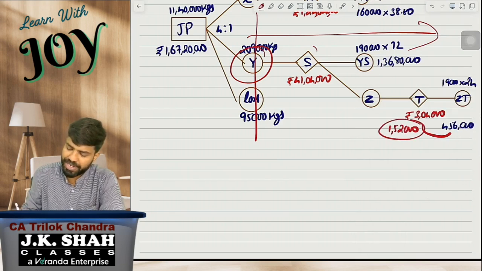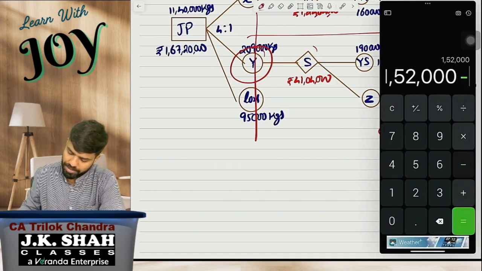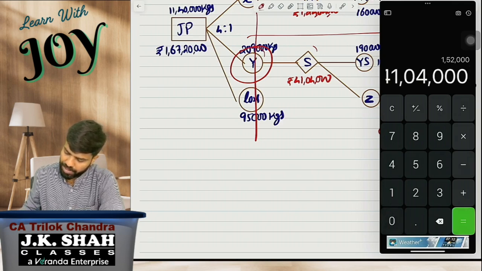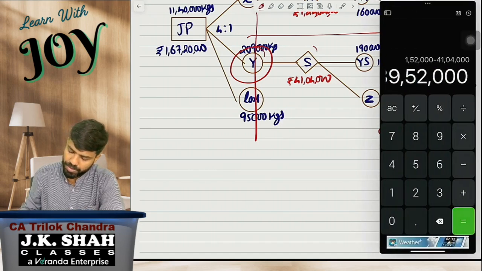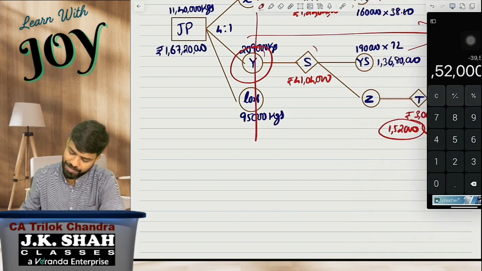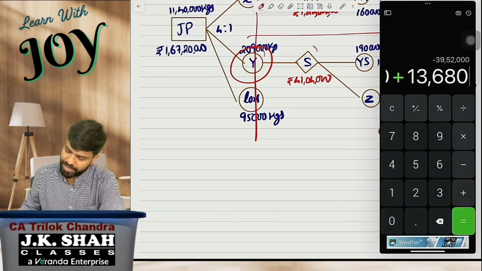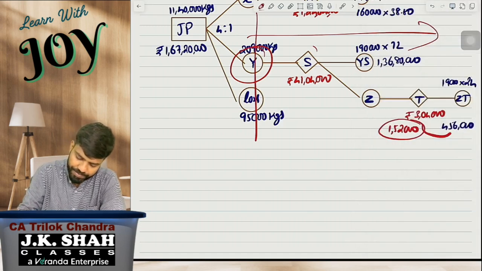This we can take and reduce from the further processing cost. 41,04,000 minus 1,52,000 equals 39,52,000. So 39,52,000 minus 1 crore 36 lakh 80,000 equals 97 lakh 28,000, which is the NRV.